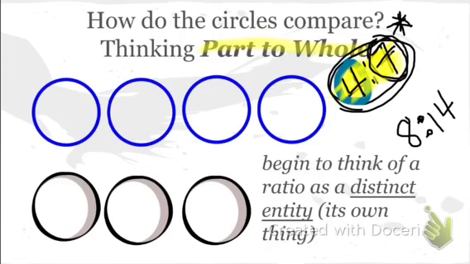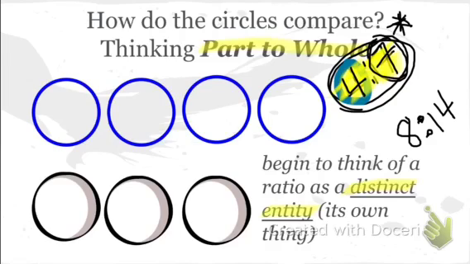They're always varied, but at times, and you'll see in the future, ratios and staying true to a ratio is very, very important. Okay, so again, thinking of this right here, this 4 to 7 as a distinct entity, okay, its own thing.